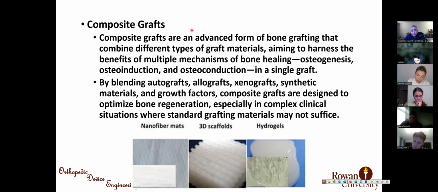Sometimes we can use different types of grafts, autogenous and synthetic, together to create composite grafts. Each one brings its positive aspects.